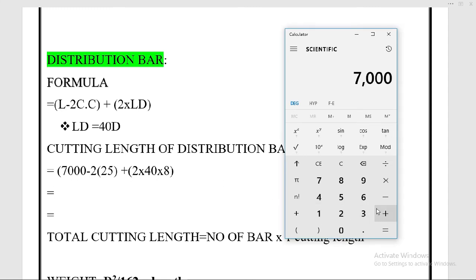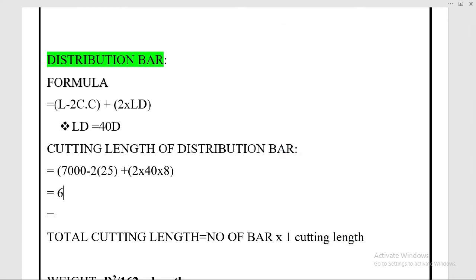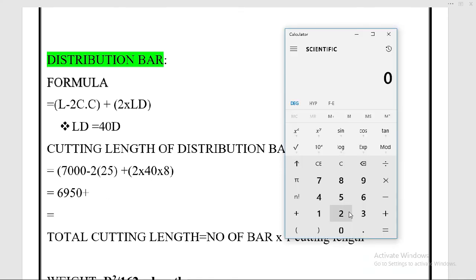7000 minus 2 into 25, 50, is 6950. Plus 2 into 40 into 8, so this is 640.